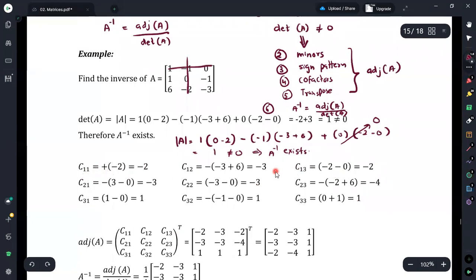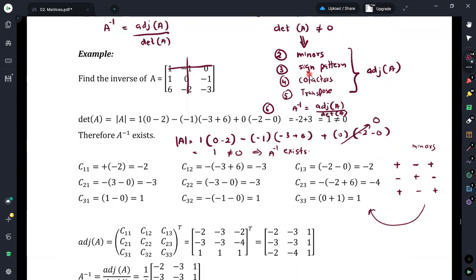What we have to do is first obtain the minors, and then for a 3 by 3 matrix, the sign pattern can be defined as plus minus plus, minus plus minus, plus minus plus. By combining the minors with the sign pattern, we can obtain the cofactors.